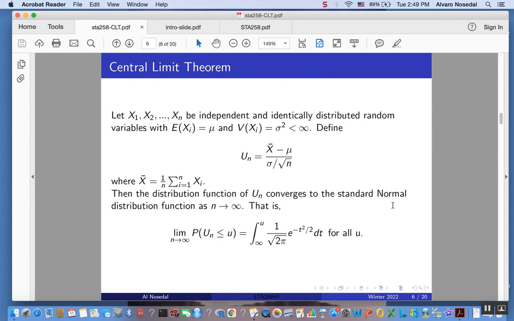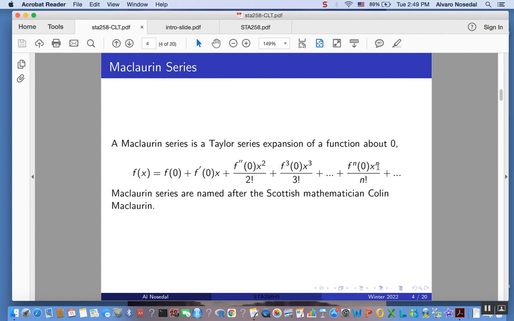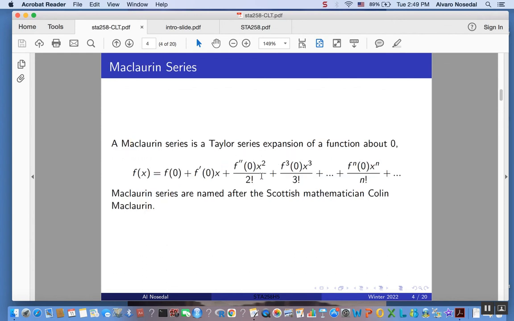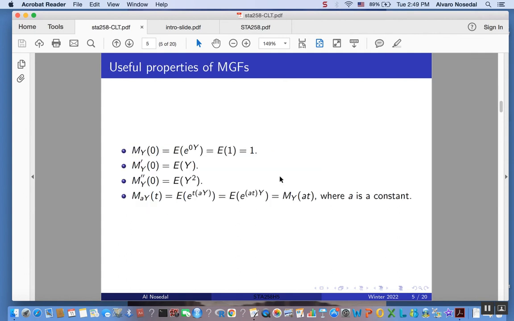And the main idea to show this theorem was using that theorem 7.5, showing that the sequence of MGFs would converge to the MGF of a normal 0, 1, and using Maclaurin series for the MGF. Okay, well, that's it for now.